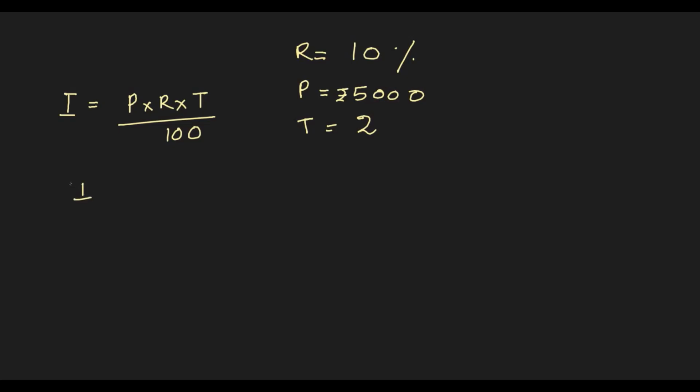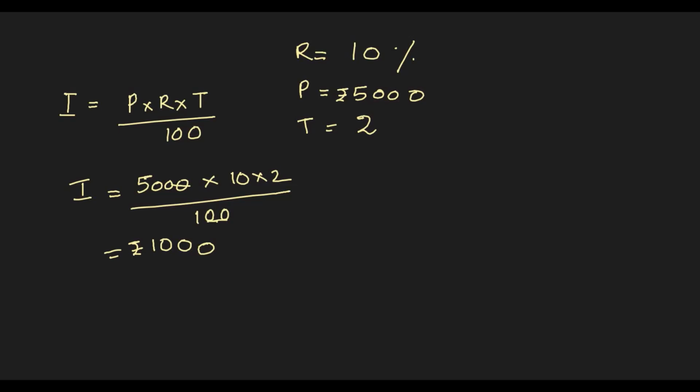So he will get the interest as 5,000 into 10 into 2 by 100. That is 50 into 10 into 2. That is, after 2 years, he gets 1,000 rupees as interest.